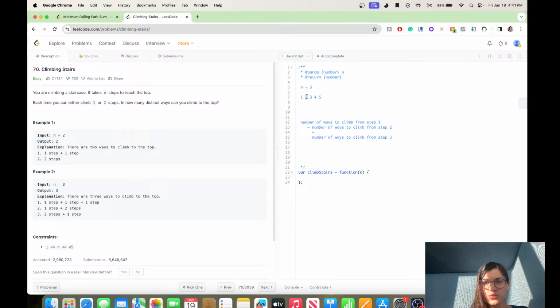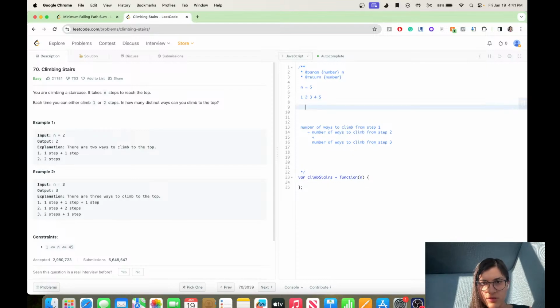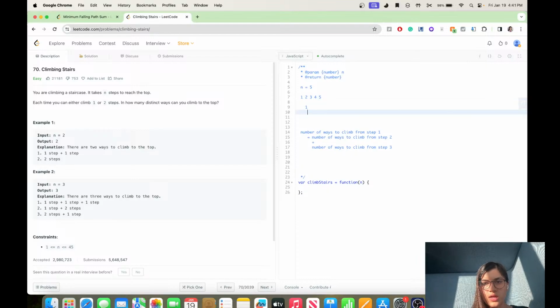So suppose from step 2 I can climb up to 5 in, say, 3 ways. Suppose from step 3 there are 2 ways. And I know that from step 1 I can either reach step 2, or I can reach step 3.